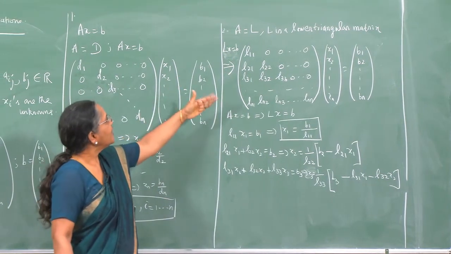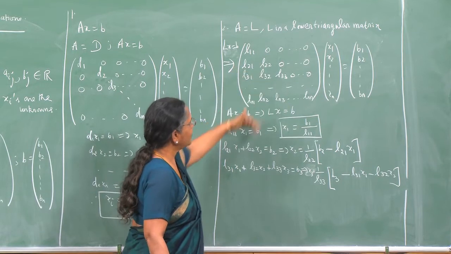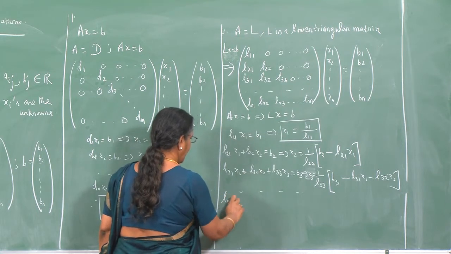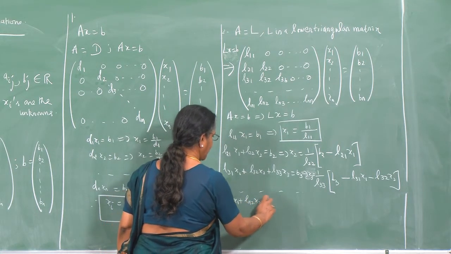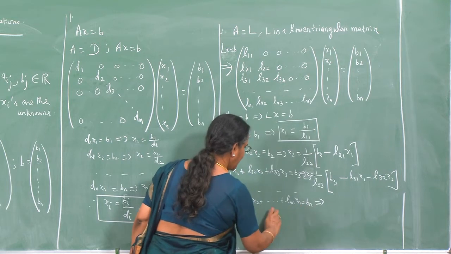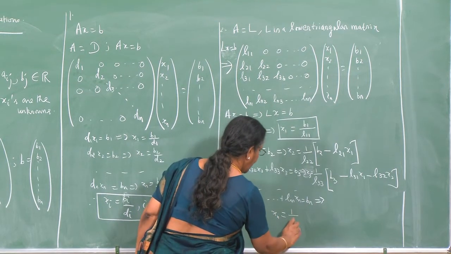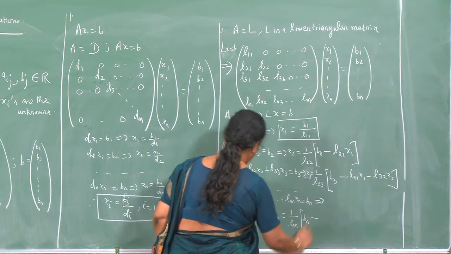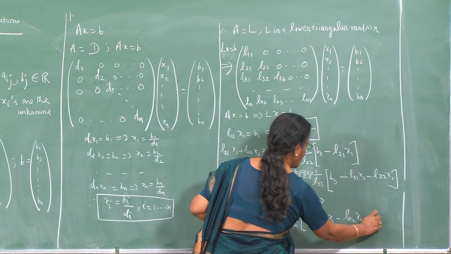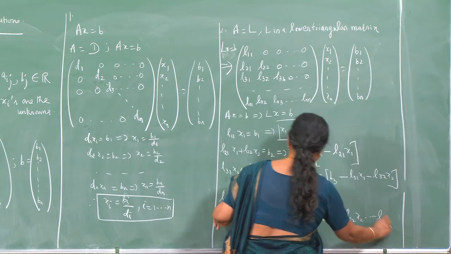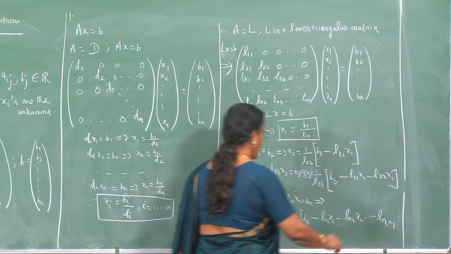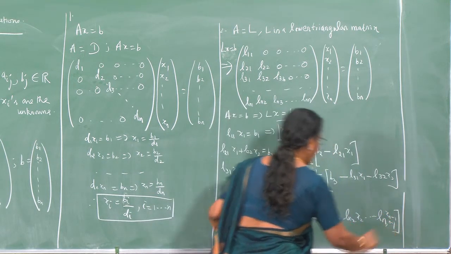So, it is clear how we can get the successive unknowns, and so finally we have from the last equation, which is Ln1 x1 plus Ln2 x2 plus etc. plus Lnn xn equal to Bn, and this will give you xn to be equal to 1 by Lnn into Bn minus Ln1 x1 minus Ln2 x2 etc. minus Ln n minus 1 into x n minus 1.